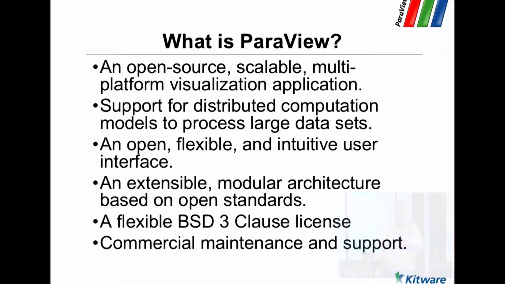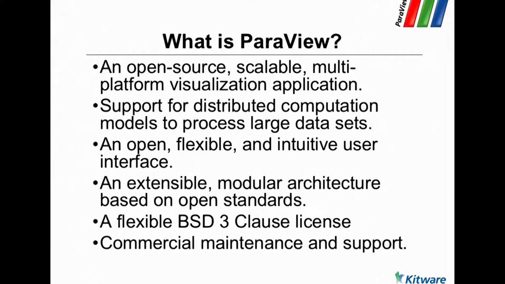So ParaView is an open source, scalable, multi-platform visualization application. It supports distributed computing. It has an intuitive user interface. It's extensible and modular. It's open source using the BSD 3-clause license.